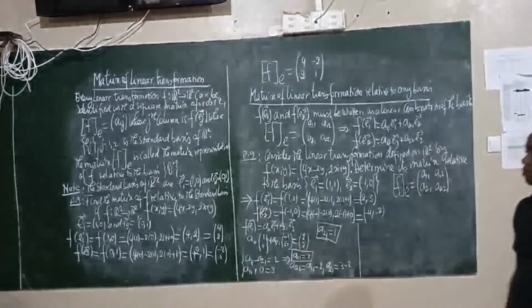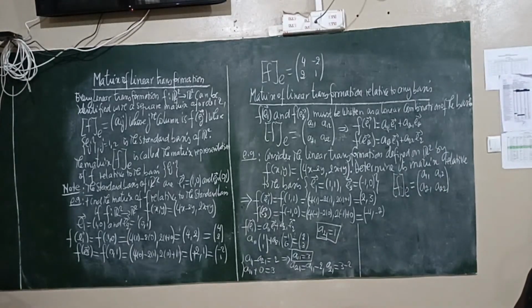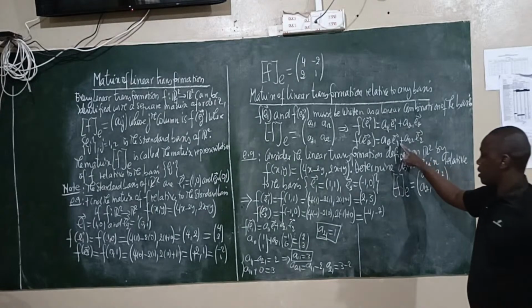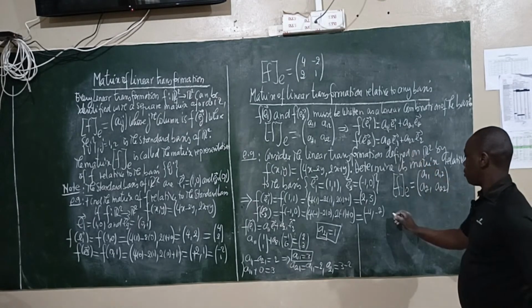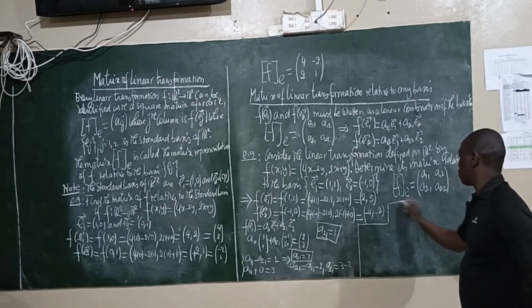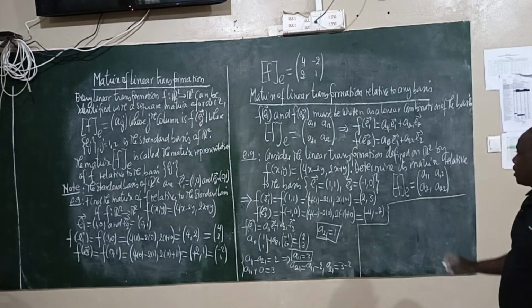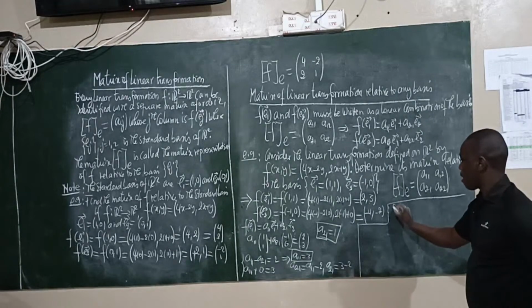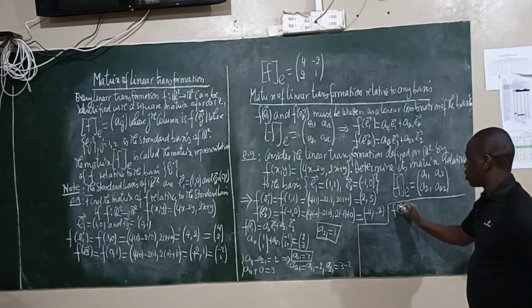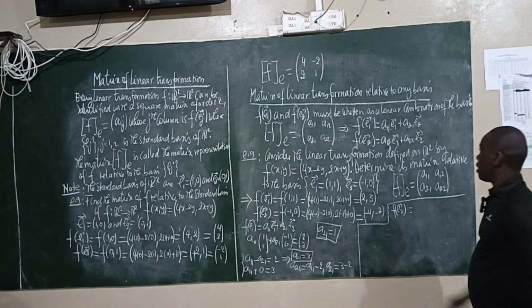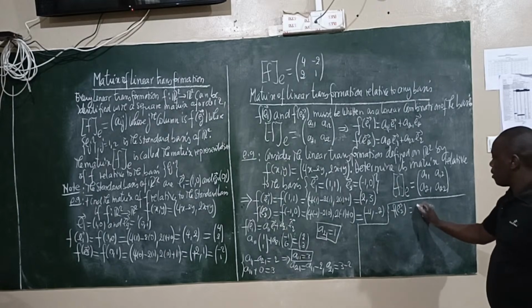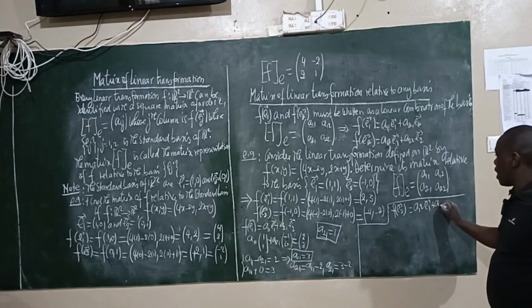Doing the same, we are going to have this. We saw that f of e2 is equal to a12 e1 plus a22 e2.